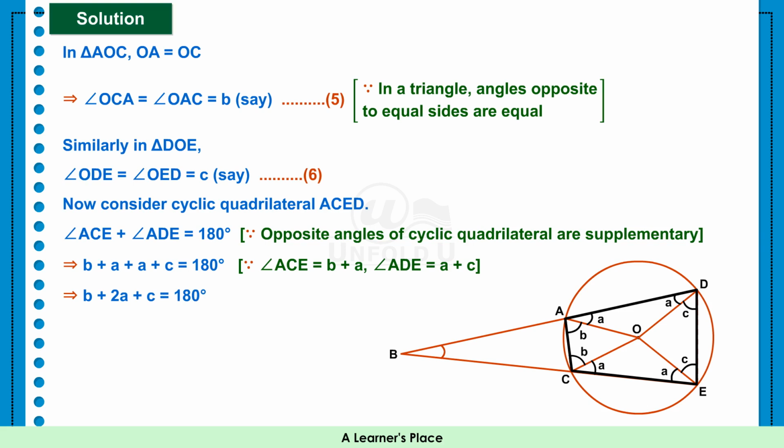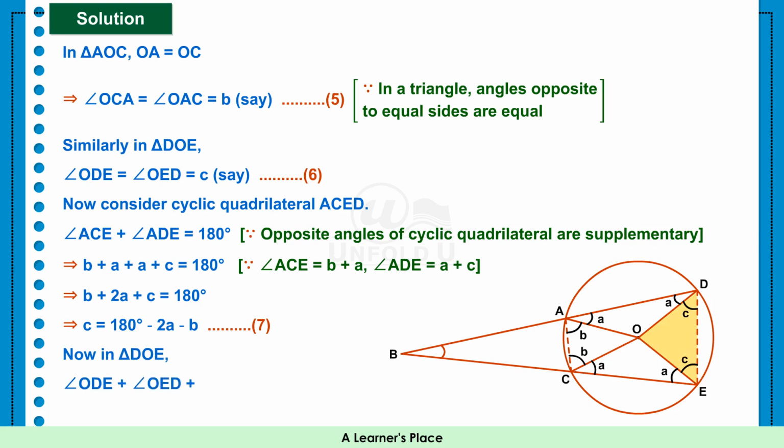By taking 2A and B on right hand side, we get C is equal to 180 degree minus 2A minus B. Now, in triangle DOE, angle ODE plus angle OED plus angle DOE is equal to 180 degree.